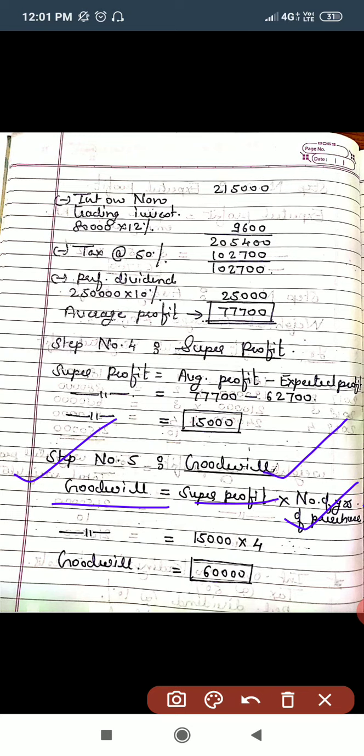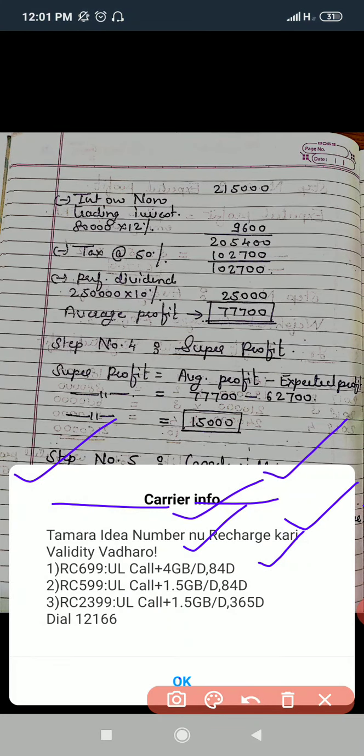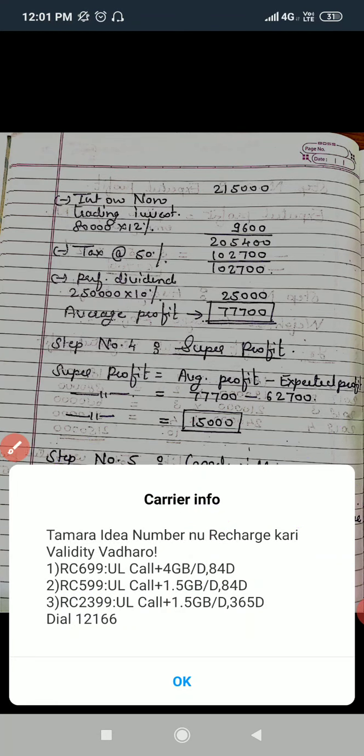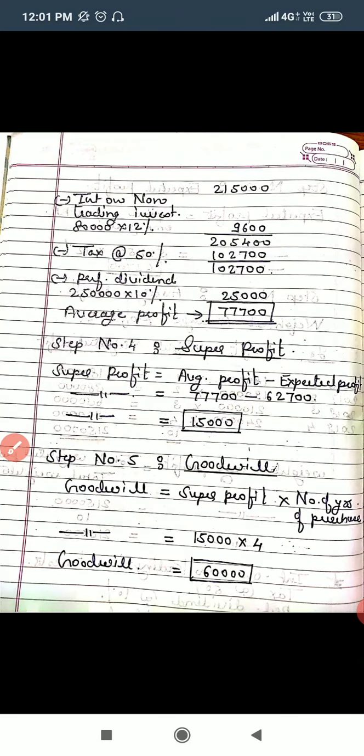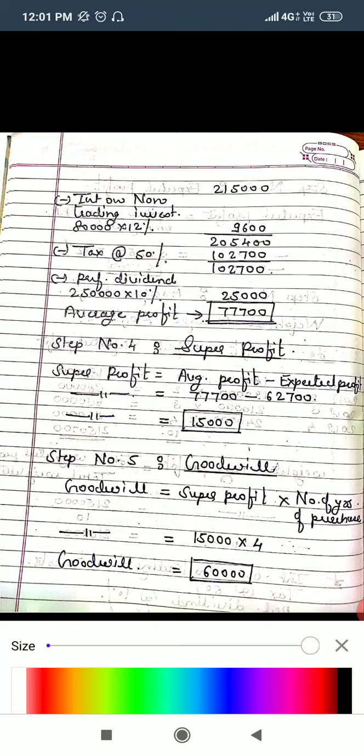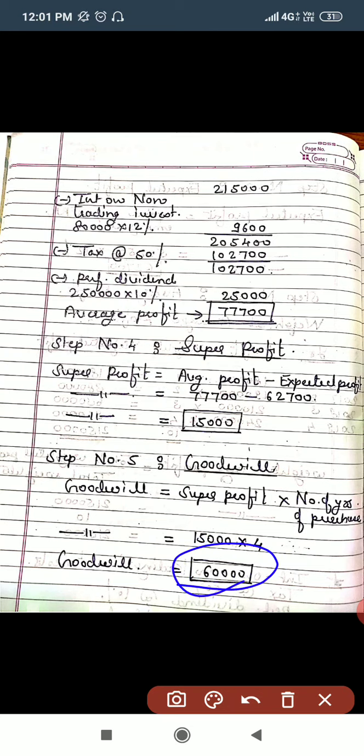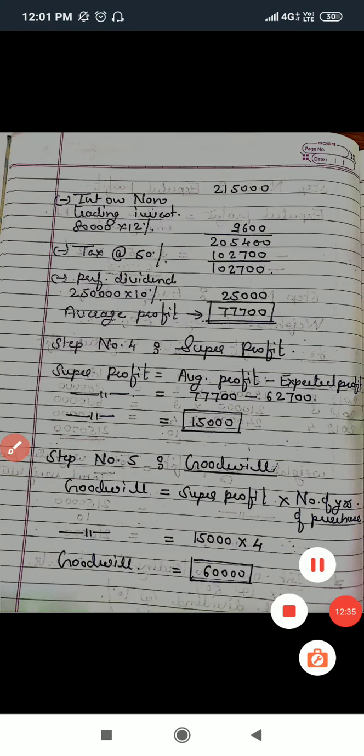Yes, and that is why super profit rupees 15,000 into 4 years of purchase, you will get the goodwill of rupees 60,000 over here. So finally, what is the outcome of our step number 5? Goodwill rupees 60,000. Thank you.